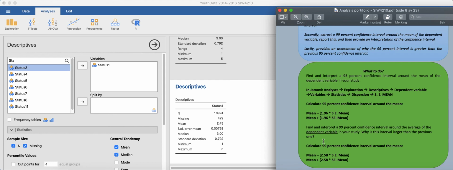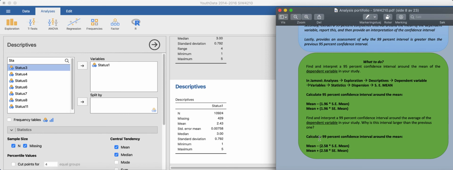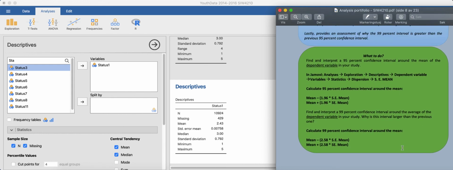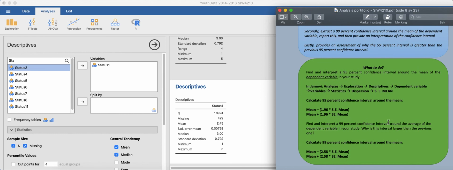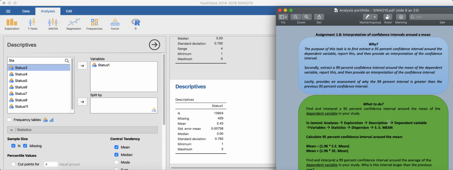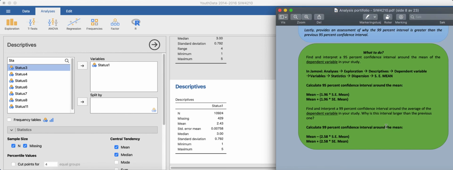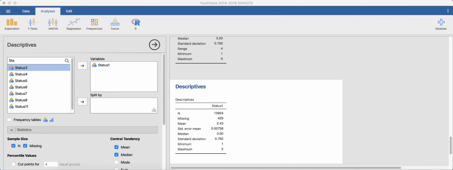And it's the same with the 99%, but then you have to use 2.58: multiply this with 2.58 and then add or subtract it from the mean. So then you get the confidence interval around the mean, which is assignment 1.8, the last assignment in the first part of the analysis portfolio.